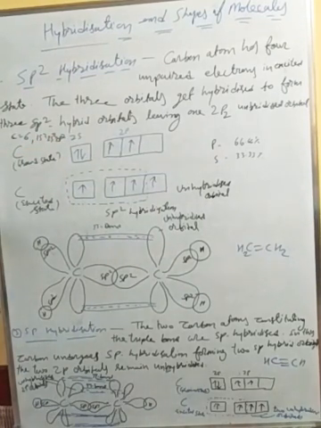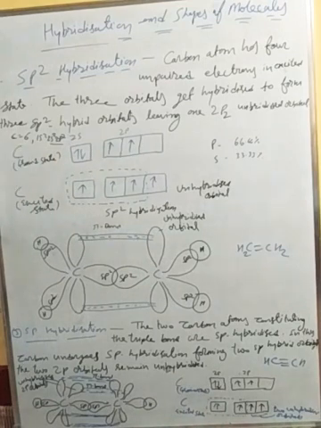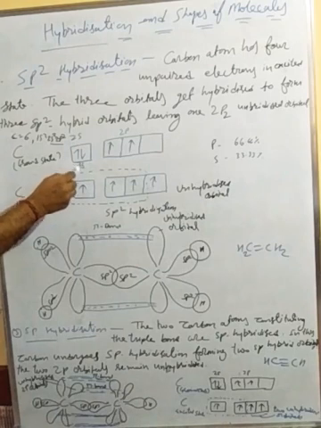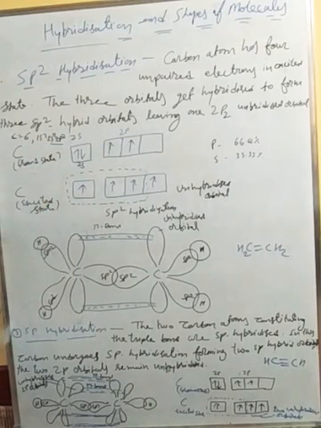The last shell has only 4 electrons. So 2s has 2 electrons and 2p has 2 electrons. But in the excited state of carbon, one electron of the s orbital jumps to the pz orbital.